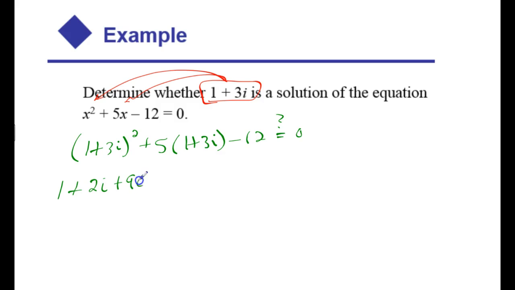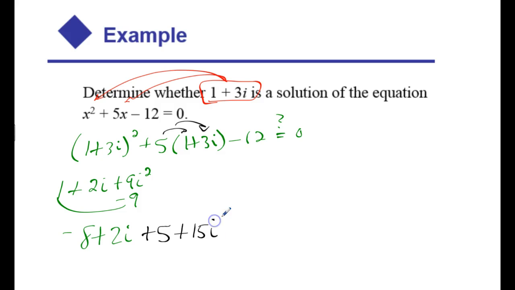Well, that's a 9i squared, but you should know that now as negative 9, with the 1 is negative 8, plus 2i. If I distribute this 5, I'll get plus 5 and 15i, all minus 12. And again, I'm checking. I wonder if that's equal to 0.